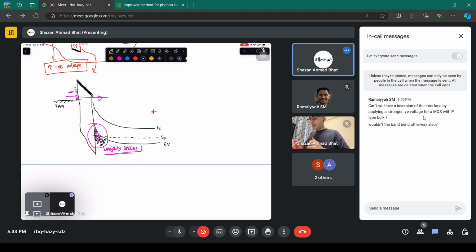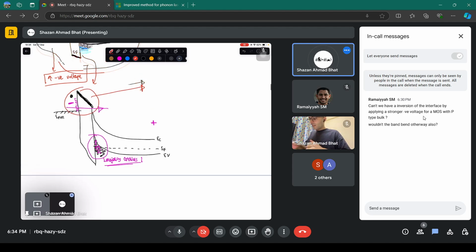Another process: there is an electron here. Let me zoom this one here.